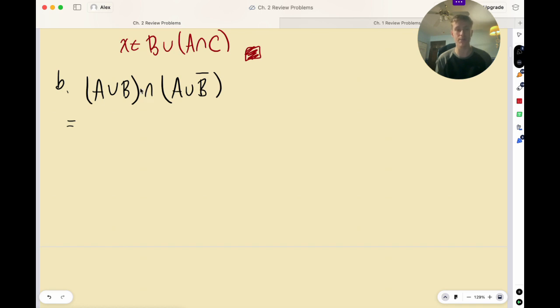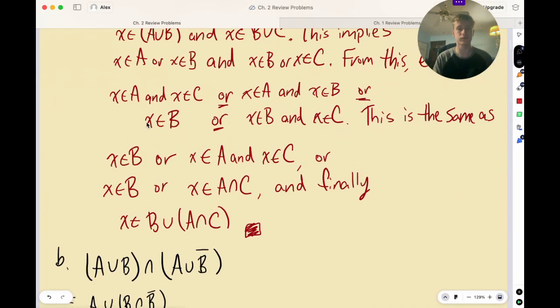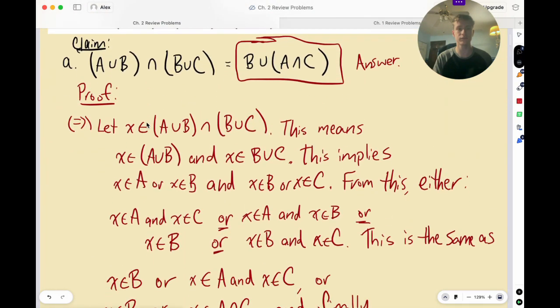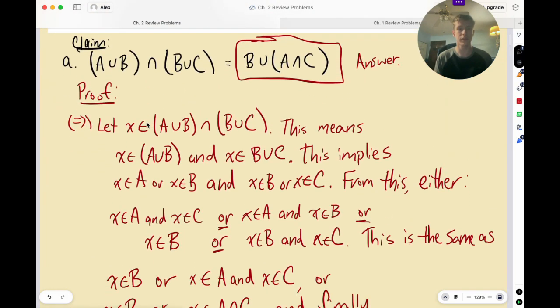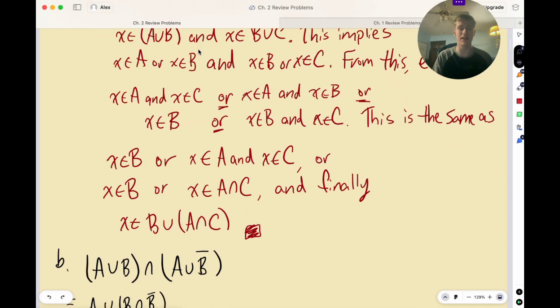And as long as we keep the overall structure, we should be okay. So this should be the same as A union (B intersect B complement) by the above, right? It's just now we're replacing C with B complement. But it's the same idea.